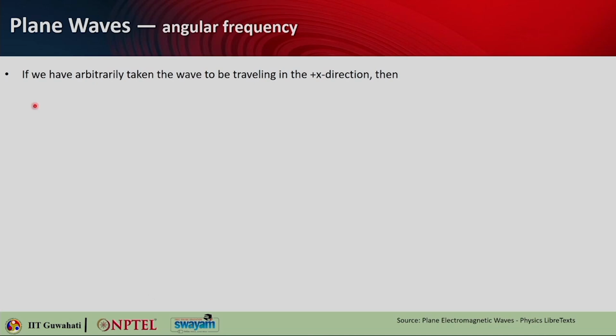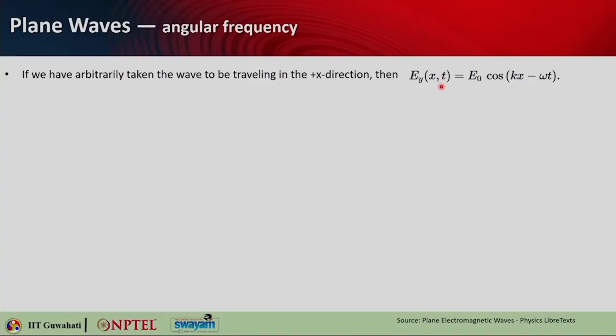Now, if we have arbitrarily taken a wave that is traveling along, say, the positive x direction, then we can write this. Ey, the electric field component along the y direction, x is the propagation direction, and t is the time dependence.